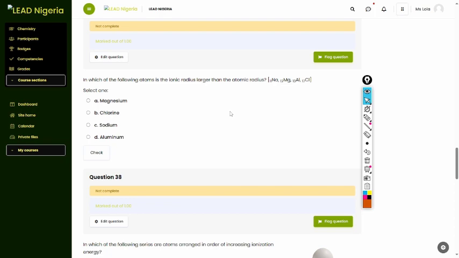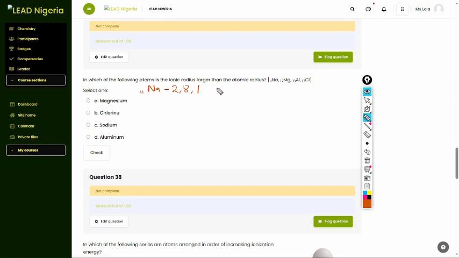So we have to write out the ions for each of these and then find out how the size of the ion differs from the actual neutral element. So let's start with sodium. Sodium is 11. Okay, so the configuration of sodium, we use the 2-8 configuration. So it's 2, 8, and 1.